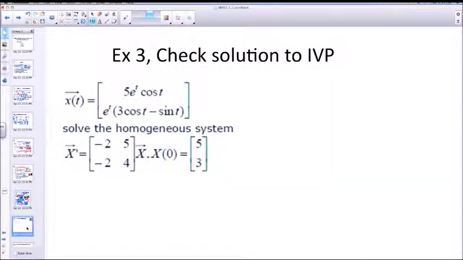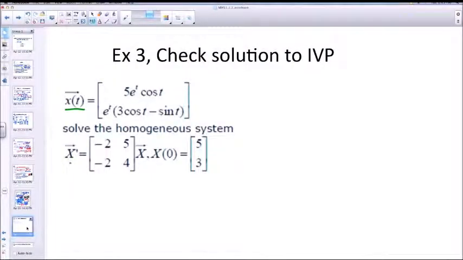Well, let me check another one. Before you solve anything, to know how to do it, you need to know how to check it. This time, not only do we need to check that this is the solution, but also the initial condition. The initial condition is easy to check.